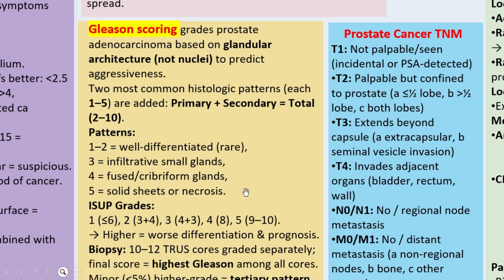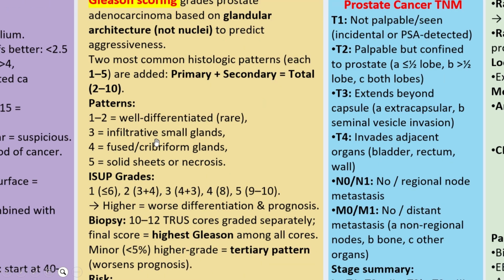So when we reach the grading, if the most predominant pattern in a given patient is infiltrative small glands, then the primary will be 3. Then if the second most common is 4, then we shall put 3 plus 4, and 3 plus 4 is 7.